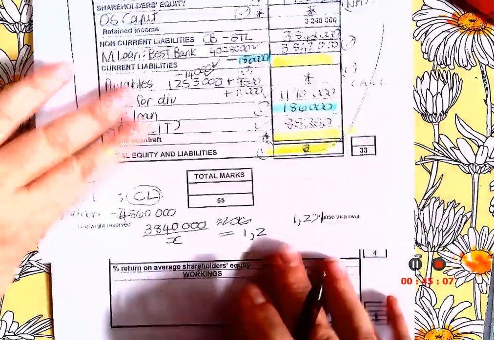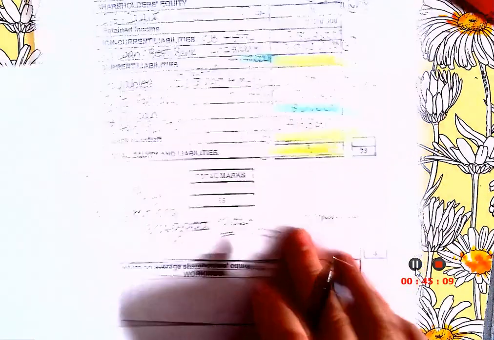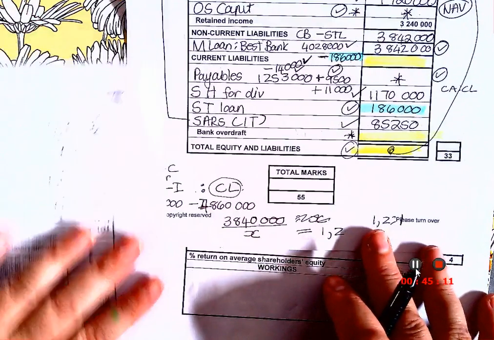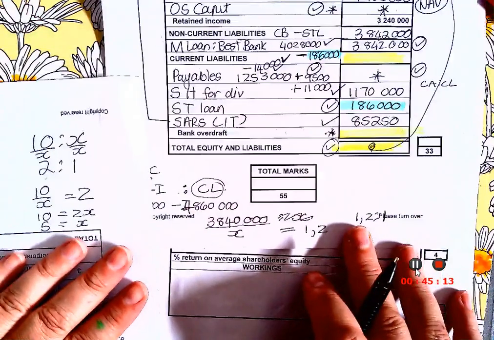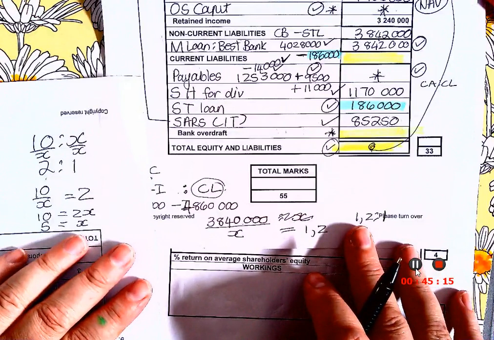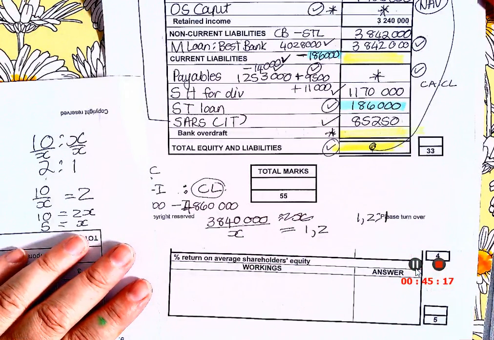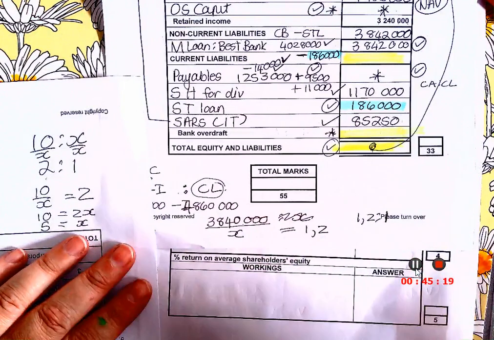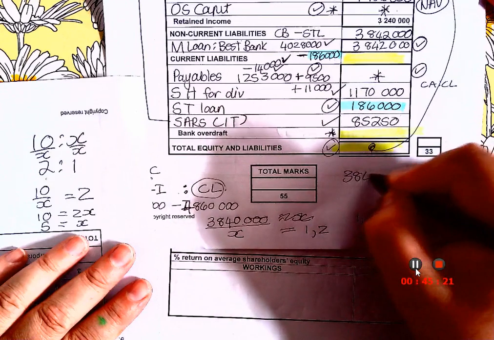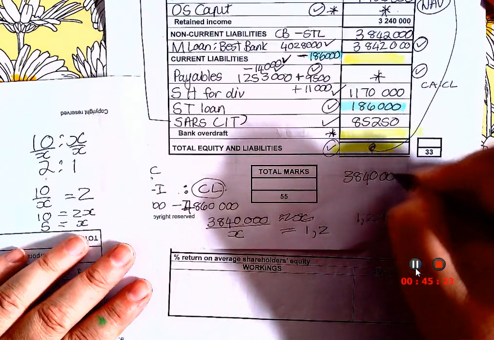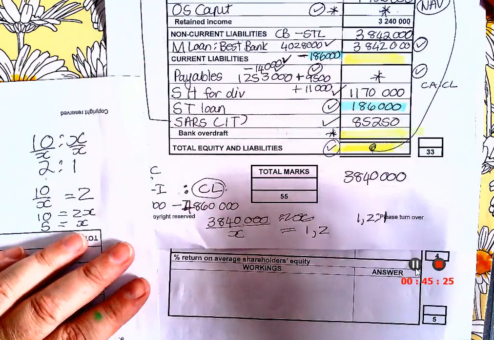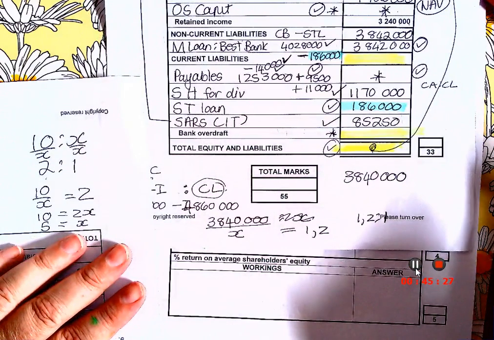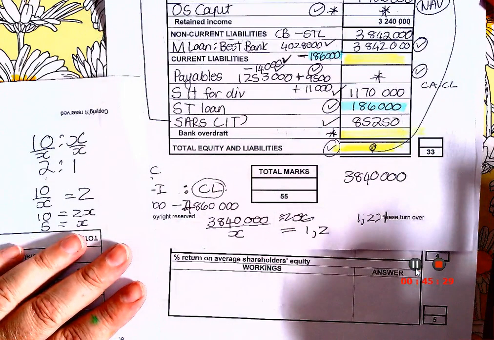Okay. So what do I learn from this? What did I learn from this easy thing? Solve for x. In the end, I am going to take the 3840 and I'm going to divide it by the 1.2.